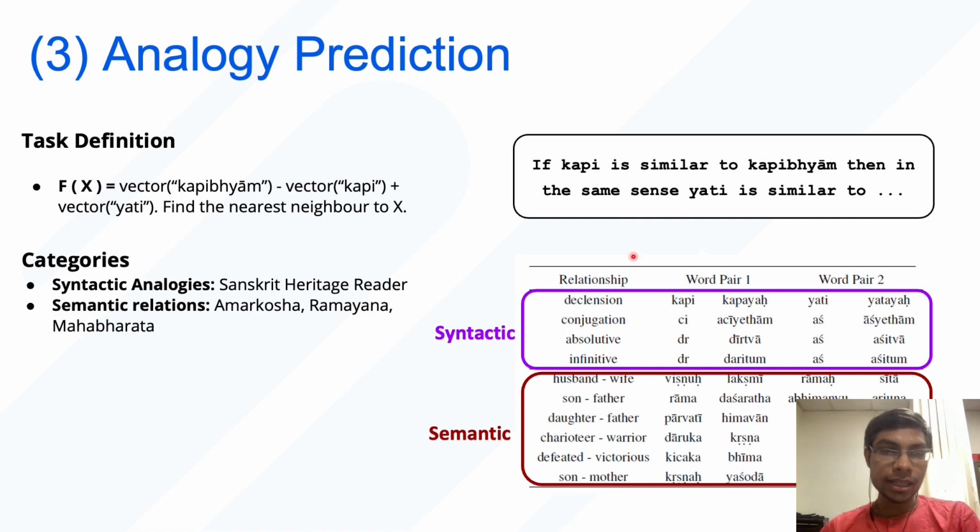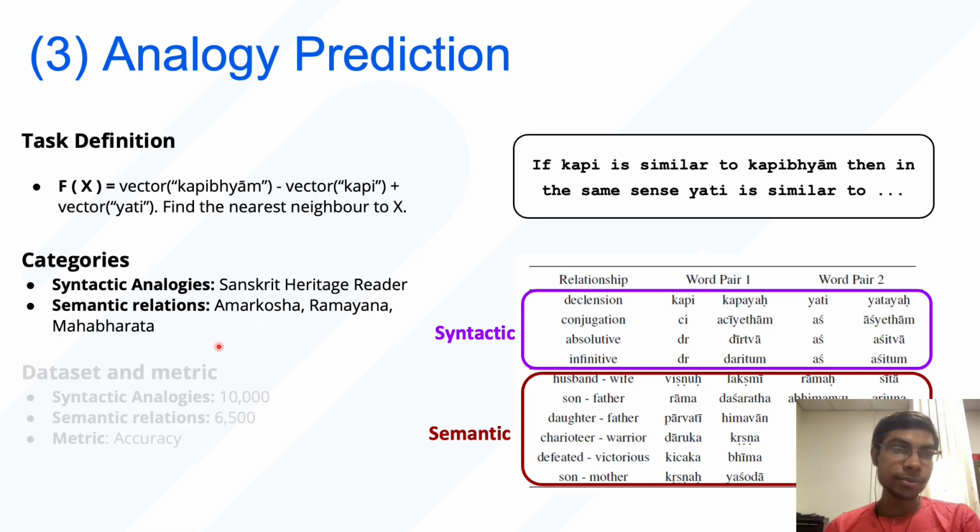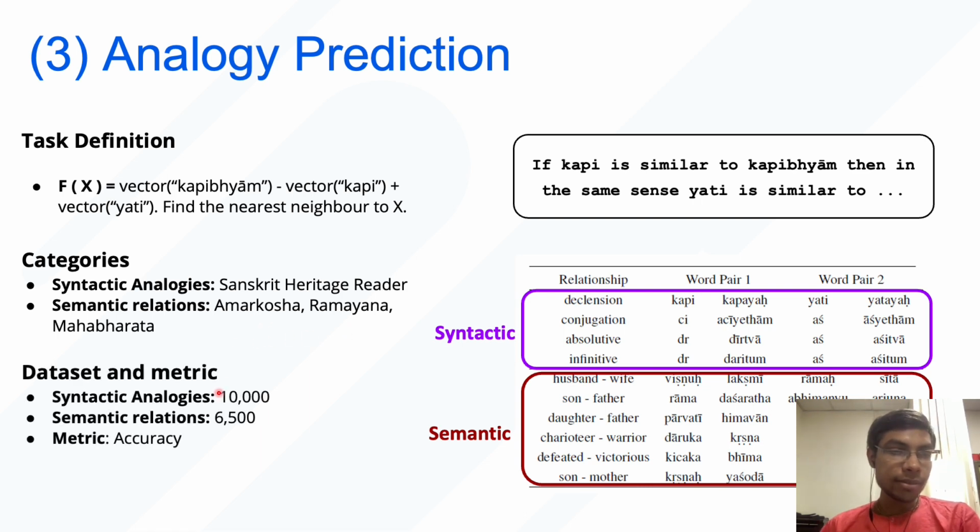There are different relationships for syntactic: declension, conjugation, absolutive and infinitive. And for semantic: husband-wife, son-father, daughter-father, charioteer-warrior, defeated-victorious, and son-mother. These have been taken from Amarkosha, Ramayana and Mahabharata. We developed 10,000 syntactic and 6,500 semantic questions using the above resources, and here accuracy is the evaluation metric.